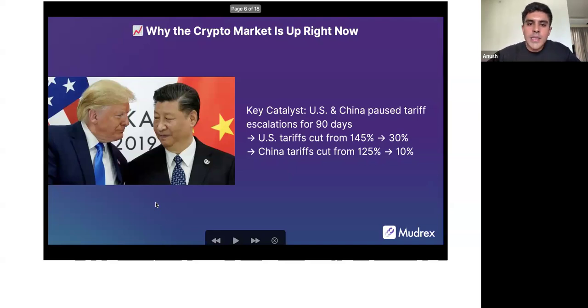So, this uncertainty often leads investors to move away from assets like cryptocurrencies or even equities into safer investments like gold, right? The easing of trade tensions between the two countries has restored some confidence in the global economy. As a result, investors are more willing to take on the risk, leading to increased buying in the crypto markets.